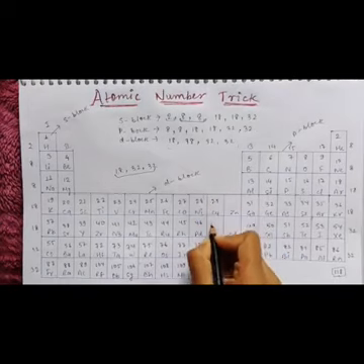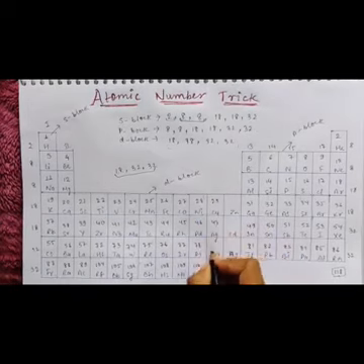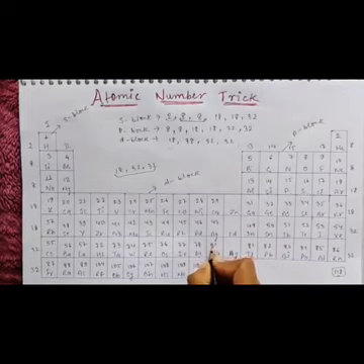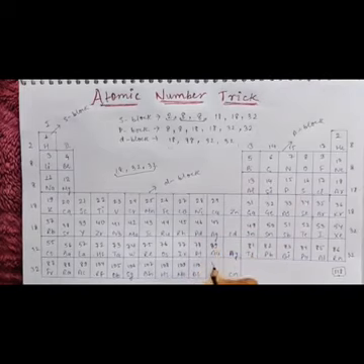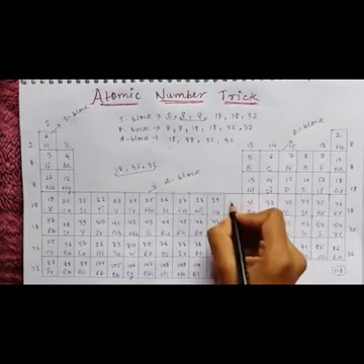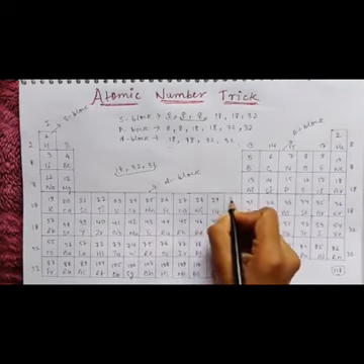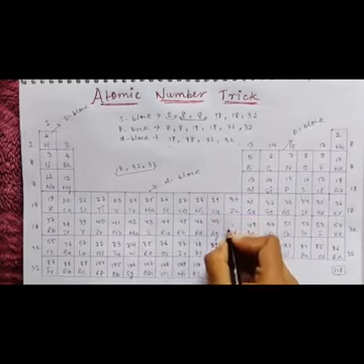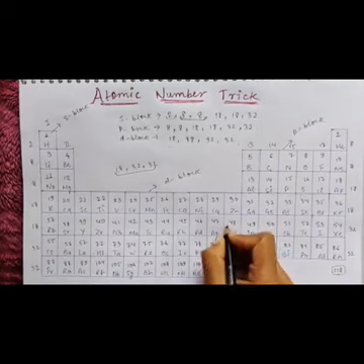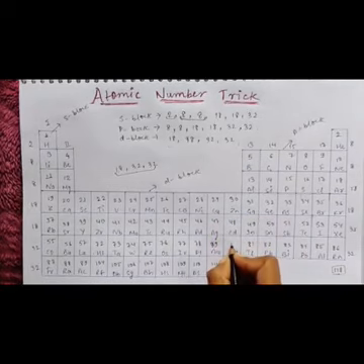Suppose 3D2. For D2, add the 2 extra. So 2 plus 2 is 4. So 4B, because D is always in the B groups only.